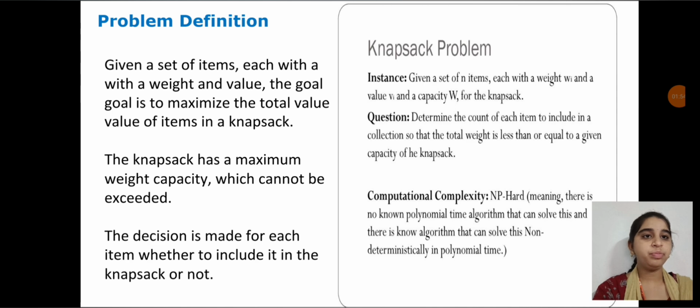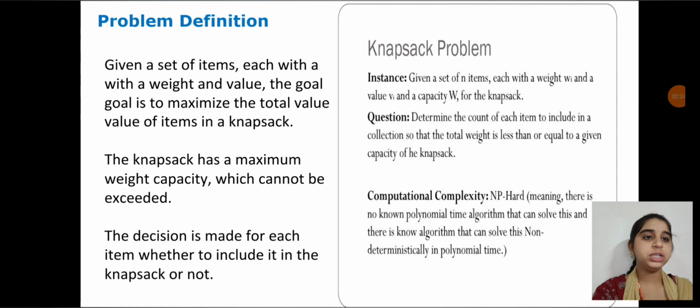Knapsack problem. Instance: given a set of n items, each with a weight Wi and a value Vi, and a capacity W for the knapsack. Question: determine the count of each item to include in a collection so that the total weight is less than or equal to the given capacity of the knapsack.